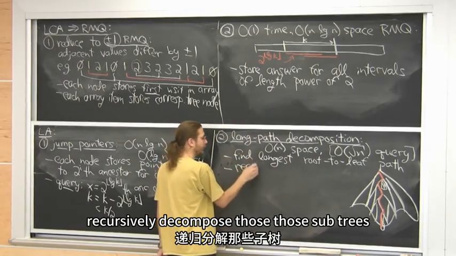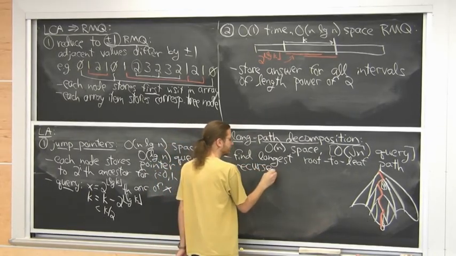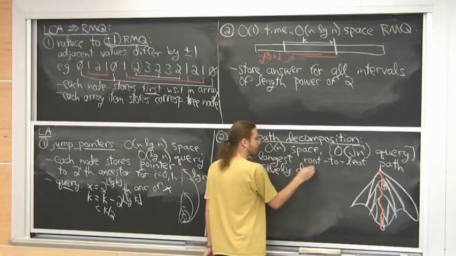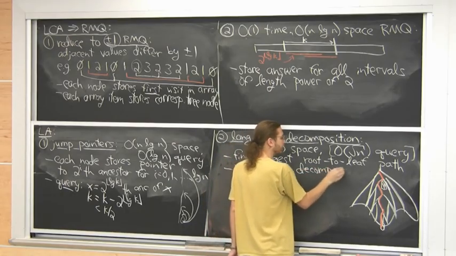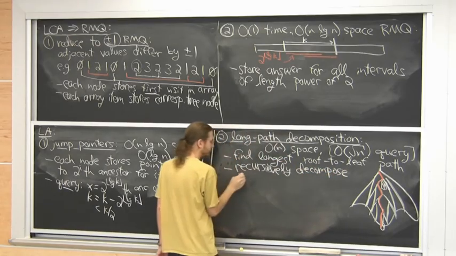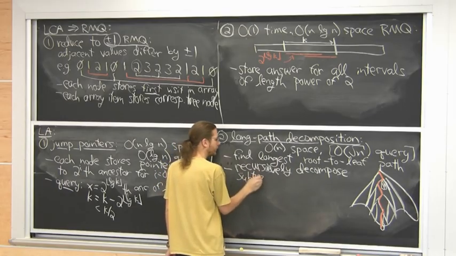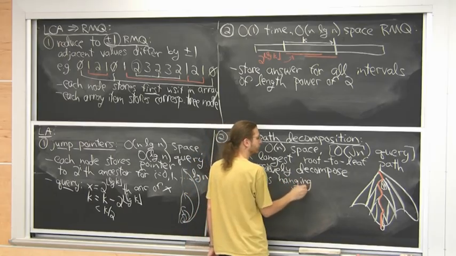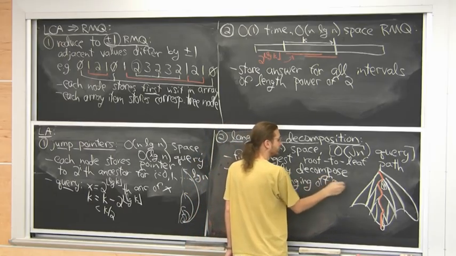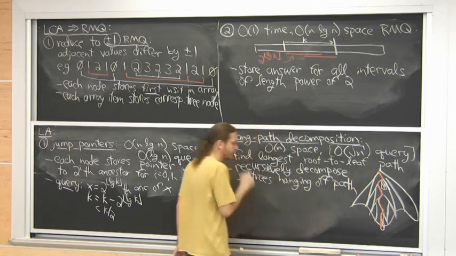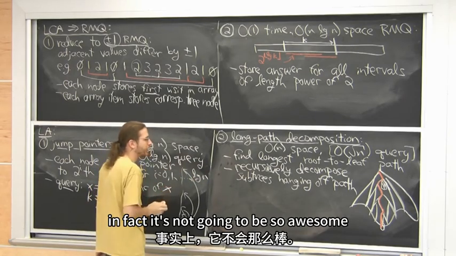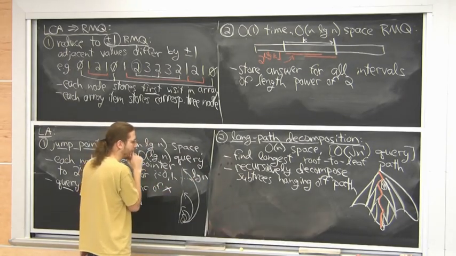Recursively decompose those subtrees. Okay. Not clear what this is going to give you. In fact, it's not going to be so awesome, but it will be a starting point.